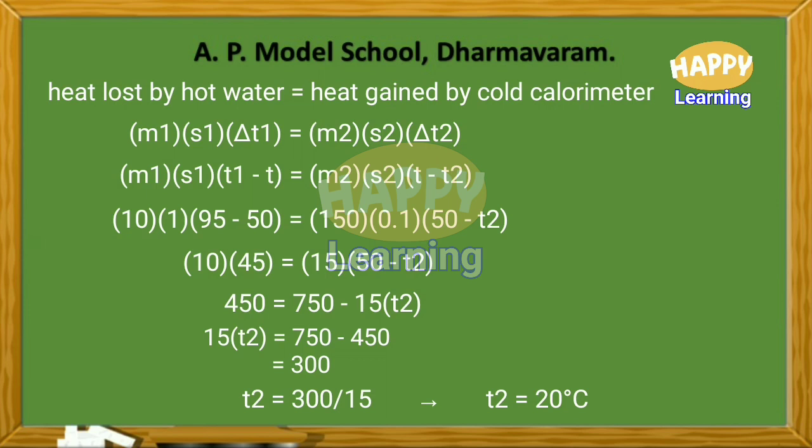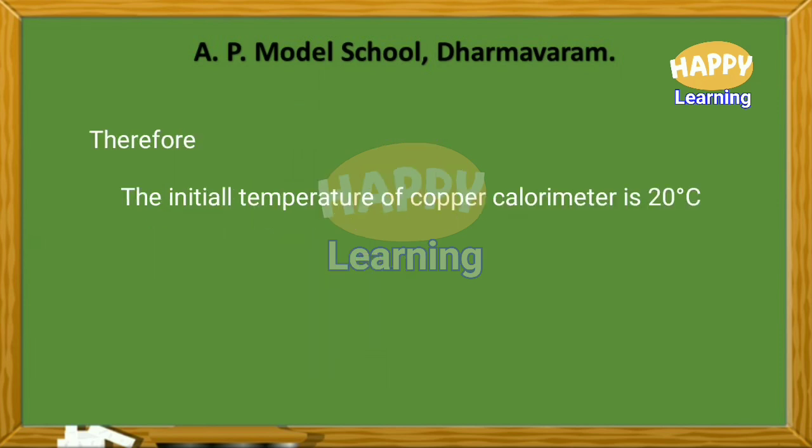Then T2 is equal to 300 divided by 15, that will be equal to 20 degrees Celsius. Therefore, the initial temperature of the copper calorimeter is 20 degrees Celsius.